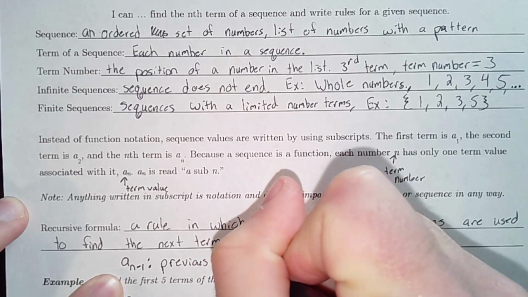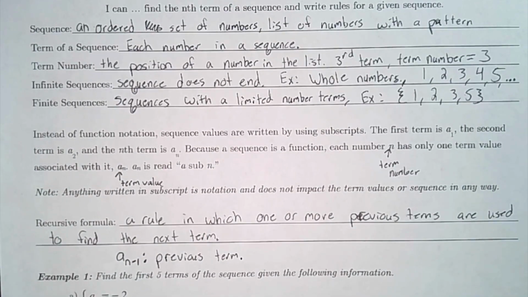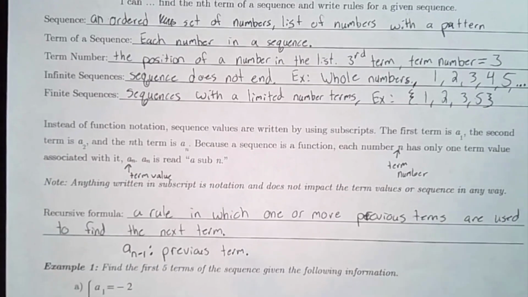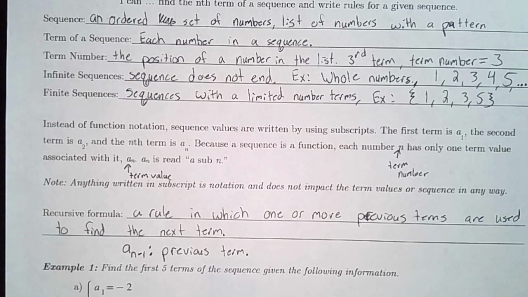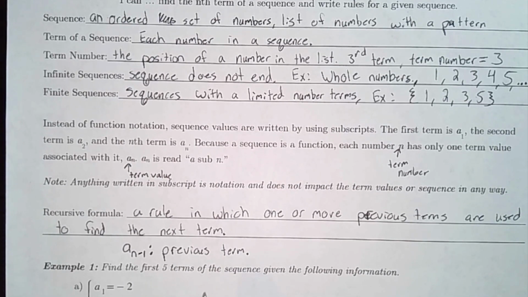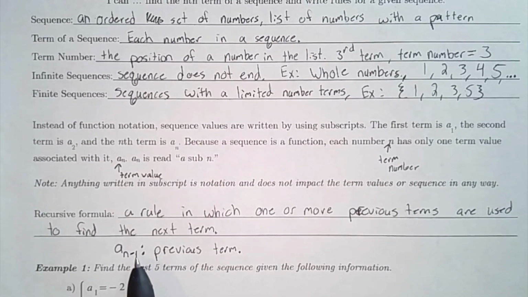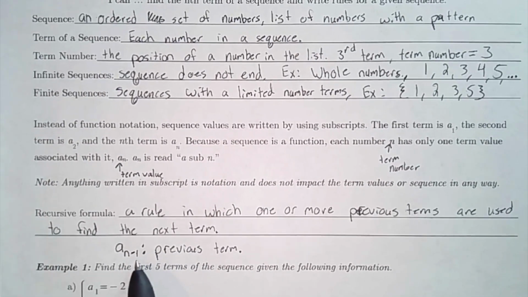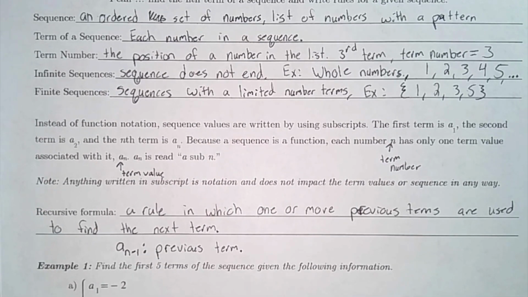And whenever we're talking about a recursive formula, I need to see something like this. It might be a sub n minus 2, which means I go back 2 terms instead of just 1 term. But I have to have something along those lines. The other really important thing is that this a sub n minus 1 is just notation. The n minus 1, specifically the minus 1, does not change the value of the terms. All it does is tell us that we're using this term.